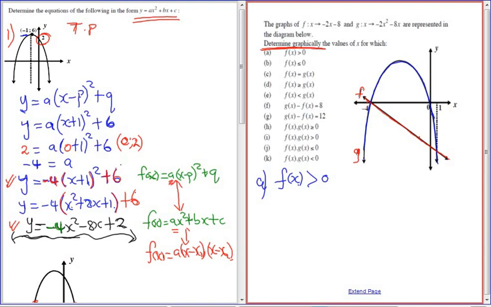Well, f(x) happens to be the straight line. So when you are saying the function is greater than 0, you want to find when the function is above the x-axis. It has to be above the x-axis, okay?